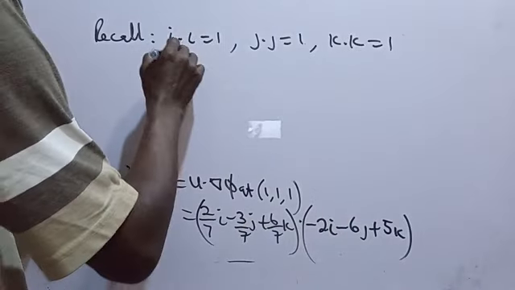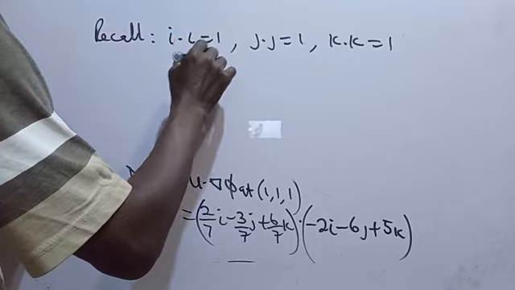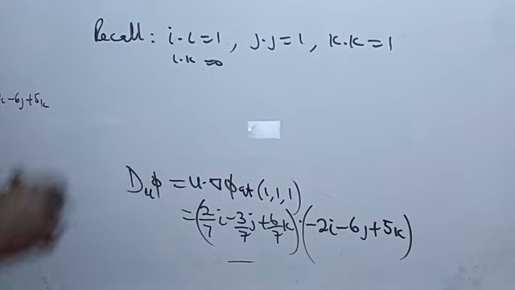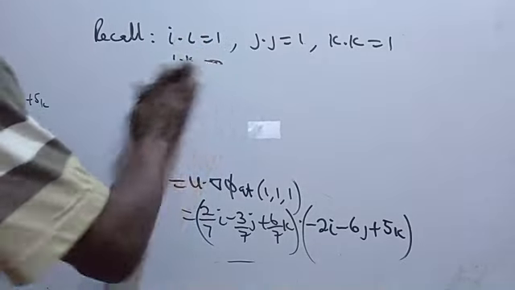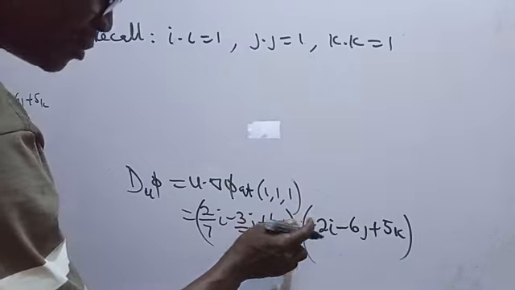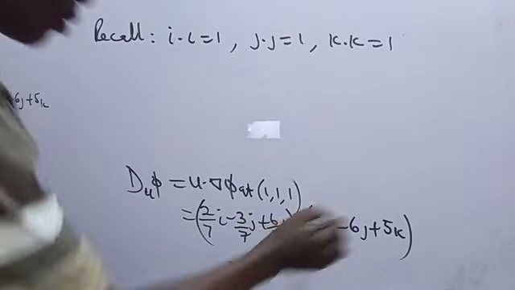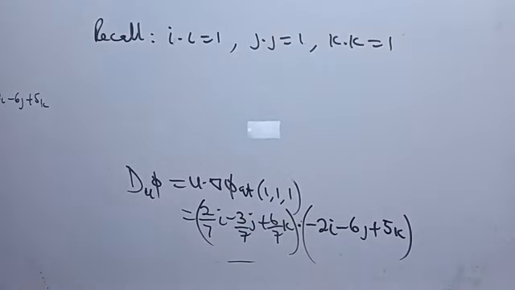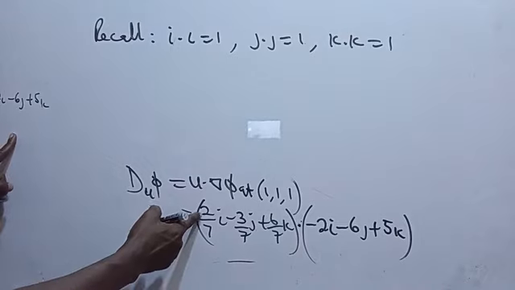But if you are multiplying i dot k, it is 0. Once the coordinate points are different, the result will be 0. So that is why in dot product, I put the dot here. Remember, there's a dot here. In dot product, you multiply coordinate-wise. So in this case now we have what?